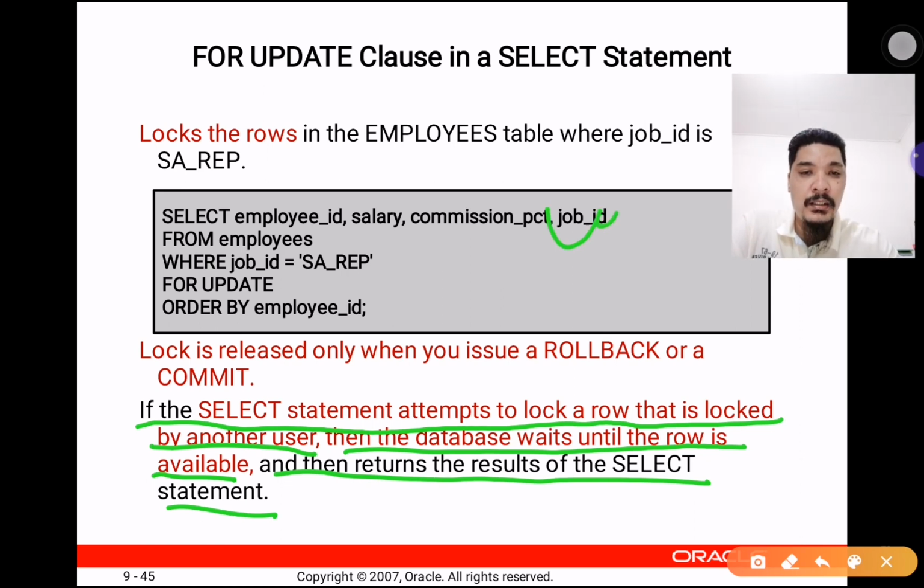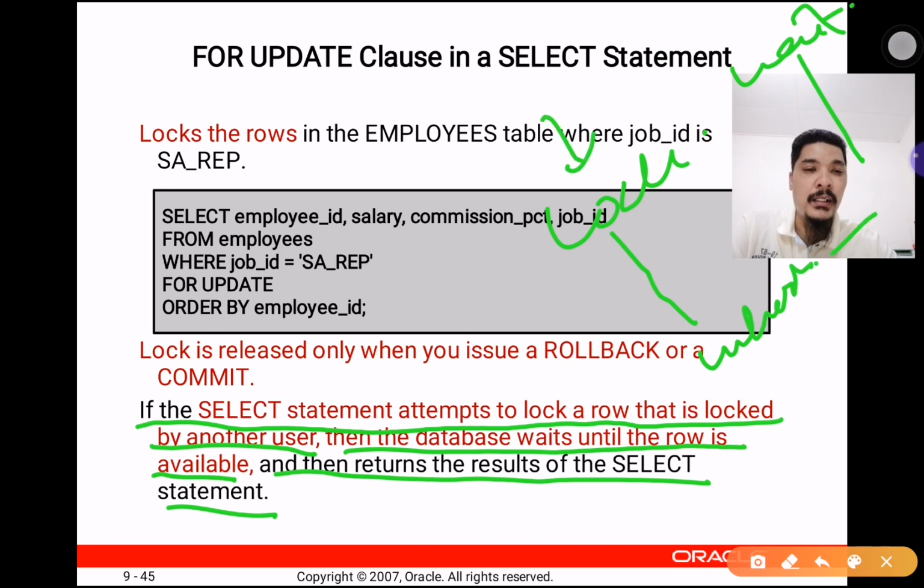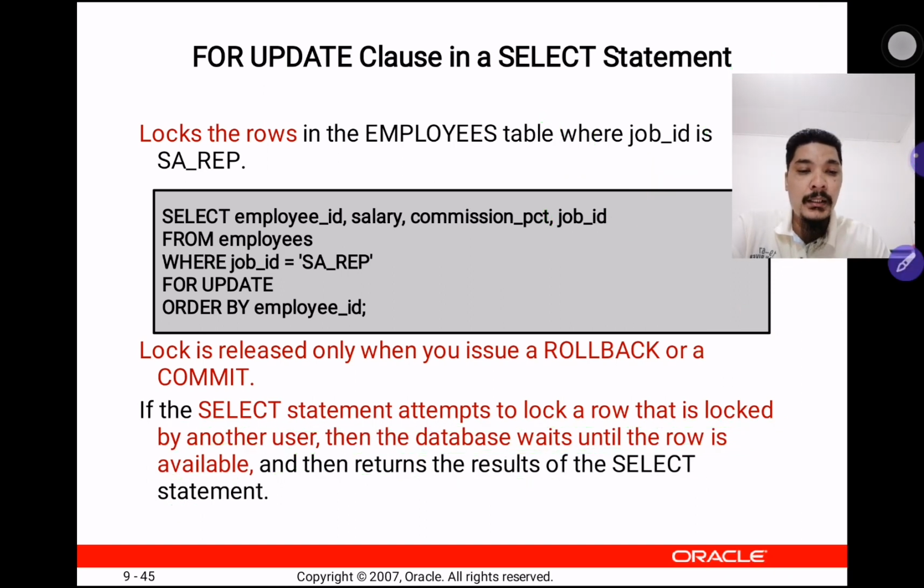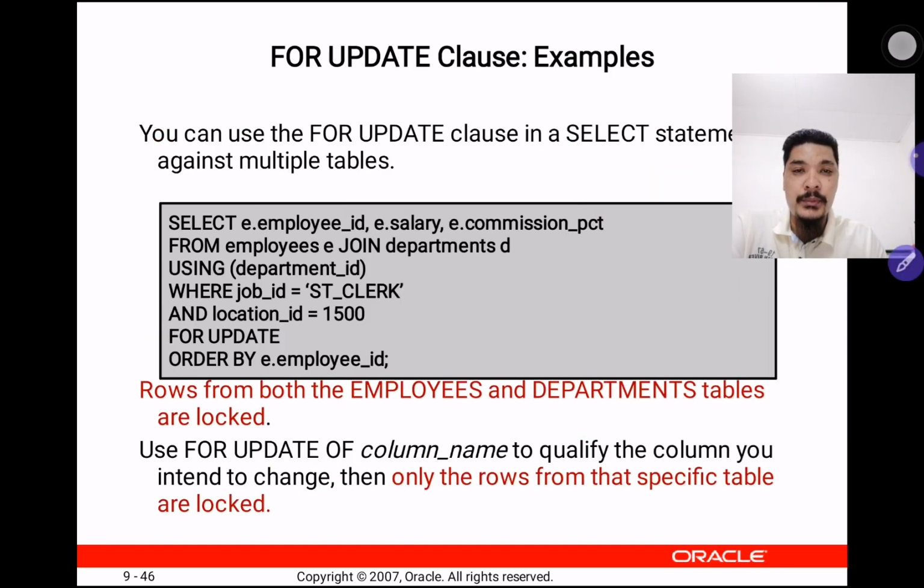If somebody locks the table, the rest should wait until this transaction unlocks, and then this one can lock again. This is all in the transaction notes. Okay, let's move to the next one.